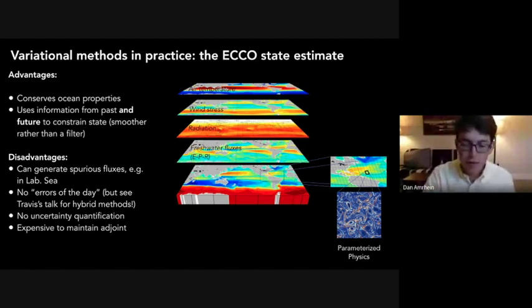And 4D-Var methods use these climatological covariances, so that's kind of a downside. But Travis might talk about some approaches that have a hybrid between the two. Finally, there's no uncertainty quantification. And then the reason I think that a lot of people don't do this is that it's expensive to run and to maintain, and requires the adjoint of the model, which is necessary to run 4D-Var.